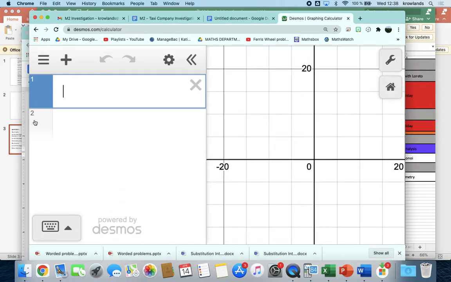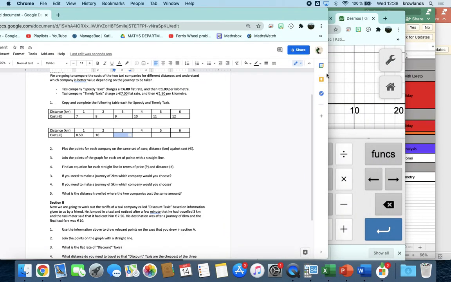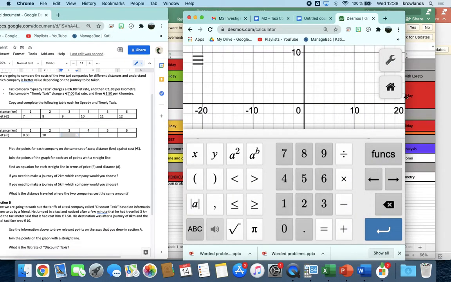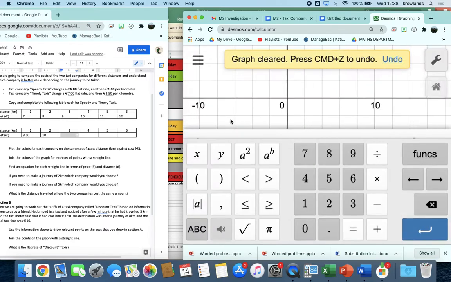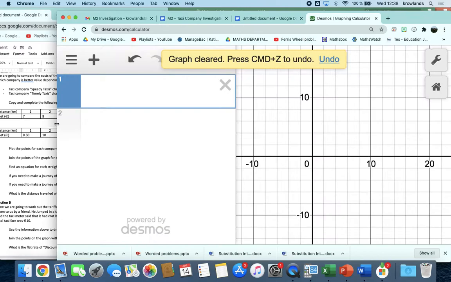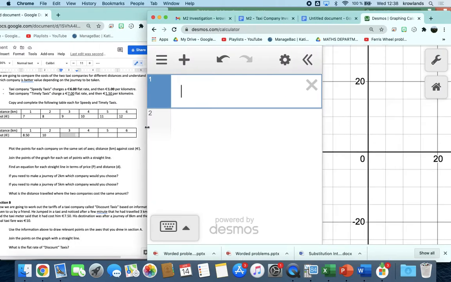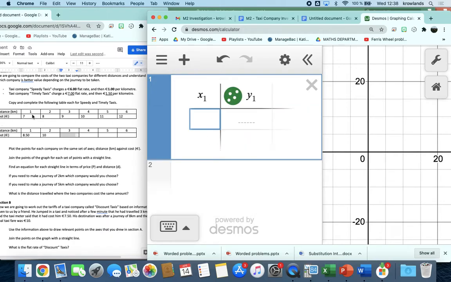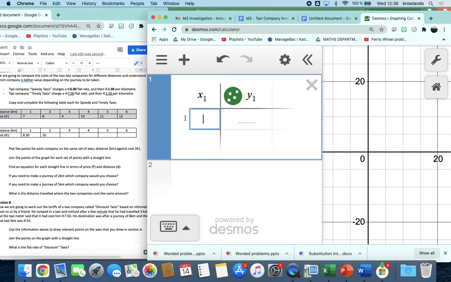To add a table, you would click the plus button. The way you find the plus button is from this menu here. If you make it too small, it disappears. There we go, Table.